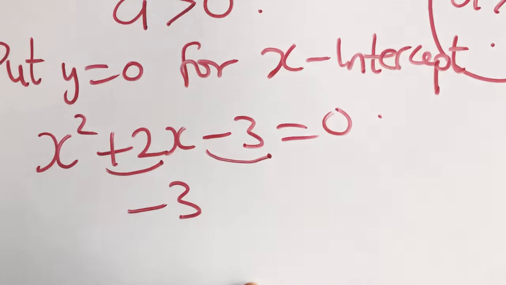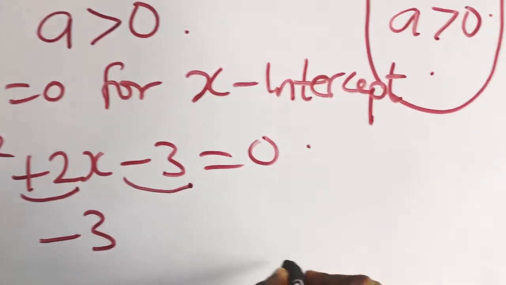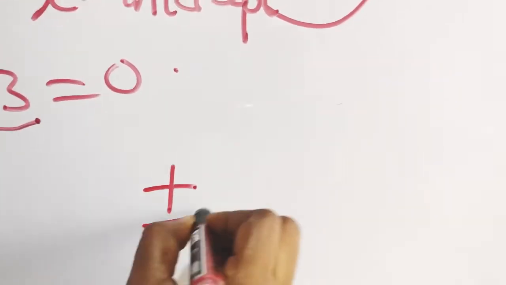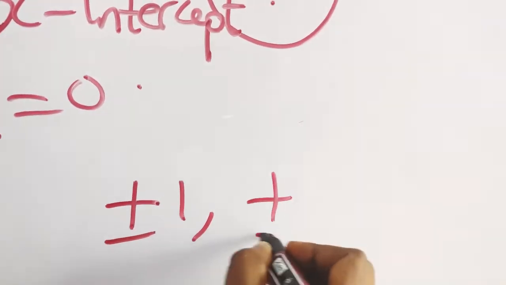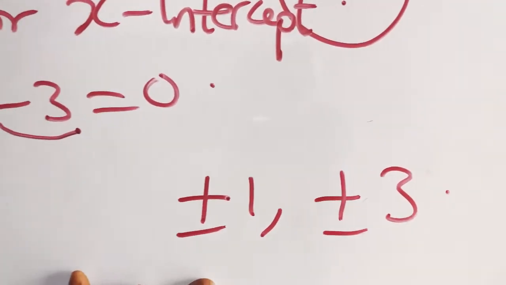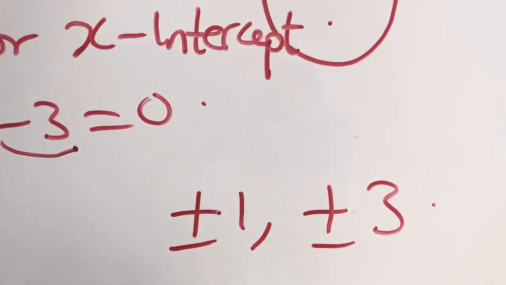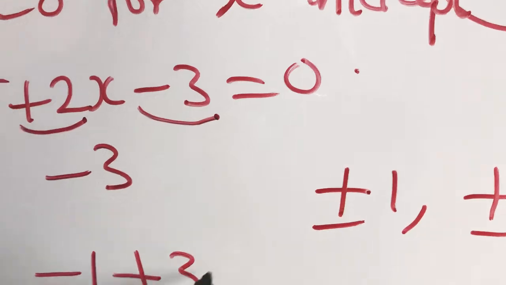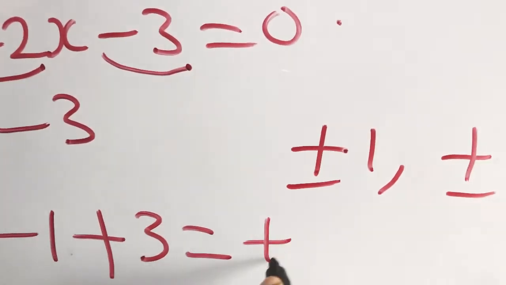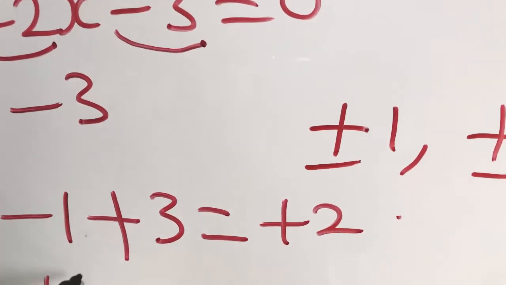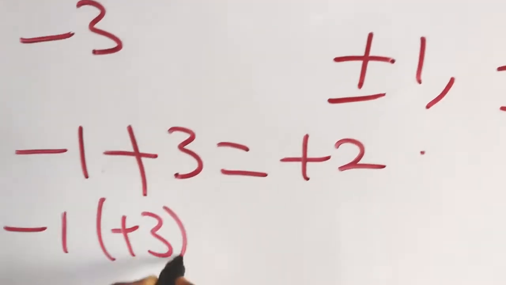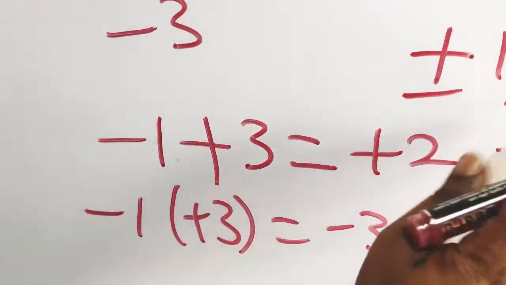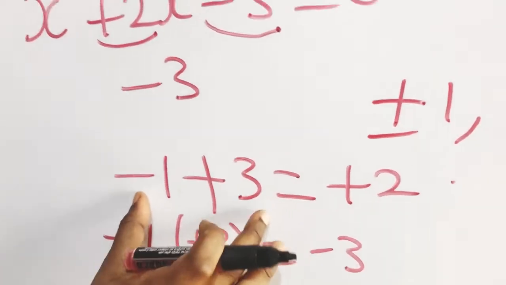The factors of minus 3 will be plus or minus 1 and plus or minus 3. So when we take minus 1 and plus 3 and add them together, it's going to give us plus 2. And minus 1 multiplied by plus 3 will give us minus 3. So these are the factors that we need.